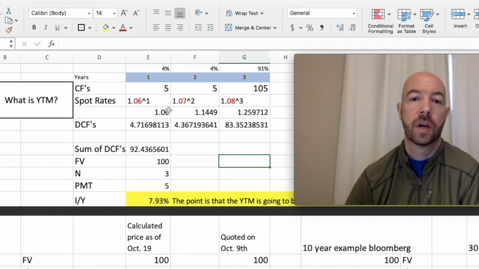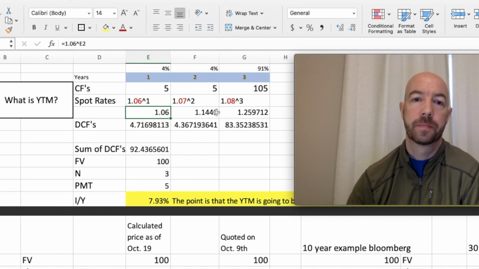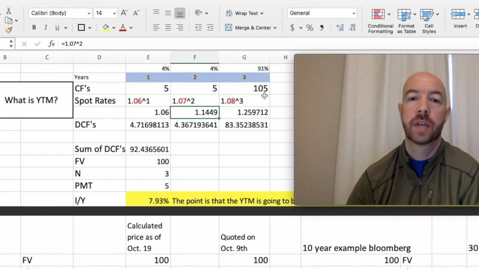So what that's going to equal mathematically is 1.06. The first year is going to be your discount rate, right? This means you're going to discount the $5 one period back at 6%. Here, you're basically going to take the 5 and divide it by this number, right? The numerator is the cash flows, the denominator is the discounts. And this is going to be your rate of discounts, 1.07 squared, so you'll essentially be dividing by 1.1449.